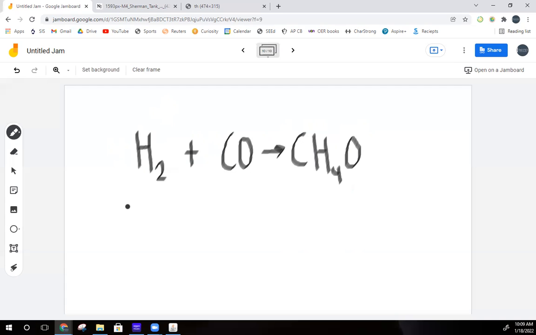If we have 4.5 moles of H2, how many moles of CH4O are we going to get?